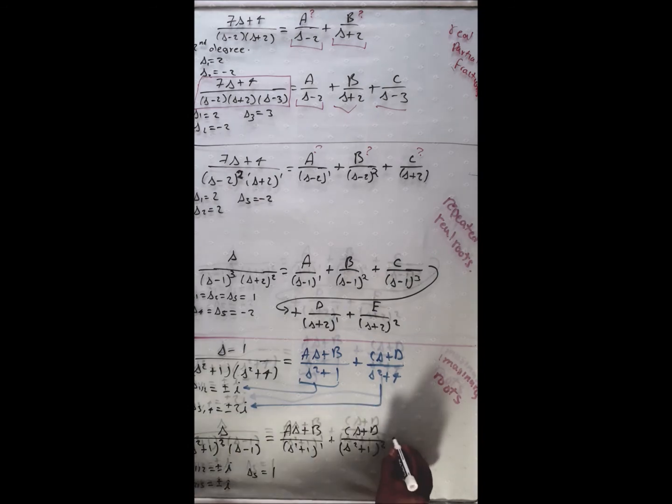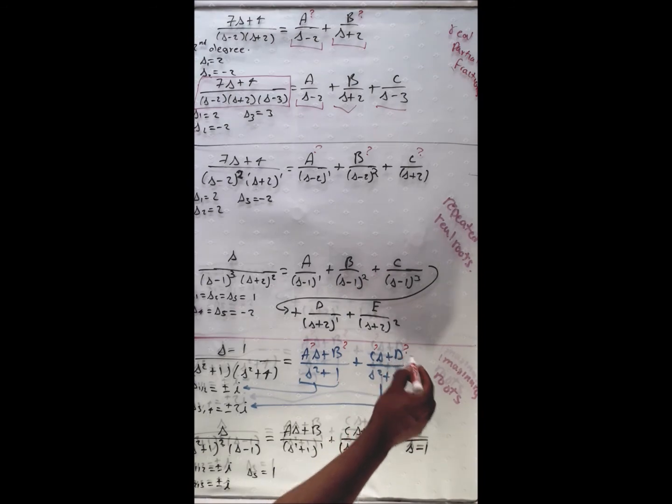And then the fifth real root is going to be E over s minus 1. And then when you do the Laplace inverse, you are going to apply the Laplace inverse to each of these partial fractions, instead of applying the Laplace inverse to the original, because you cannot solve this in the Laplace inverse because you don't have a formula with this shape. You will have a formula for these.